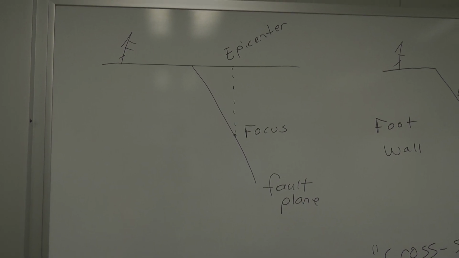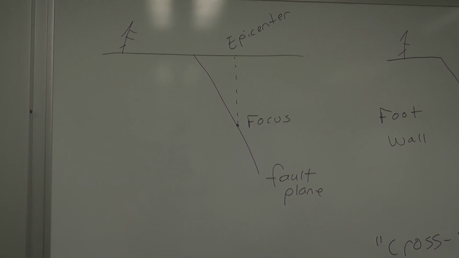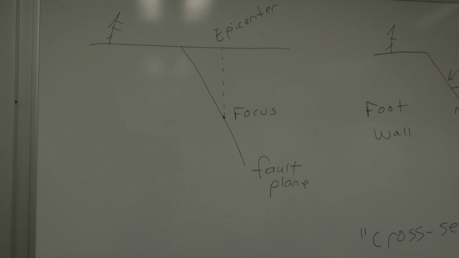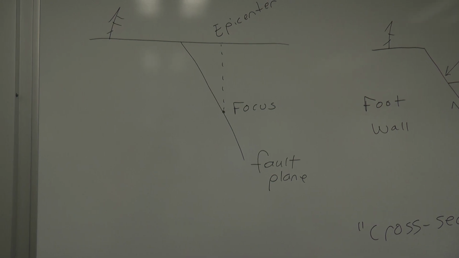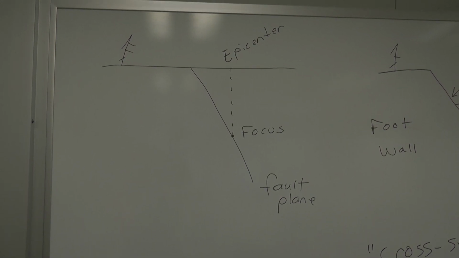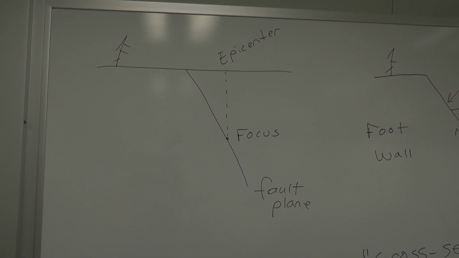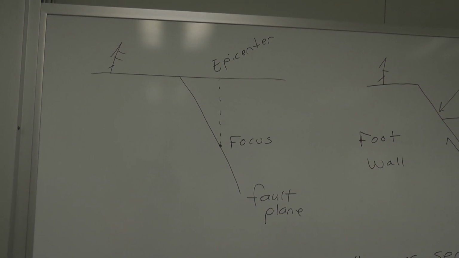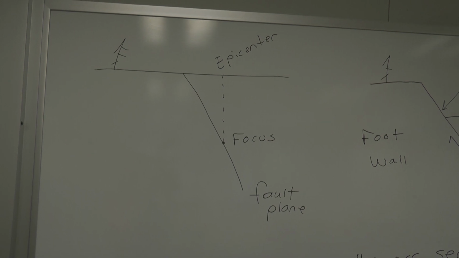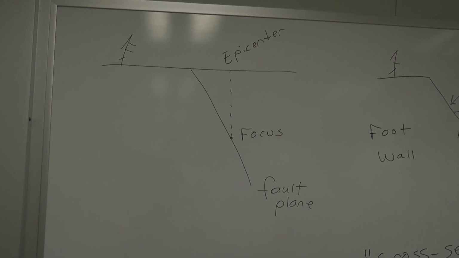And then you see a dot there that says focus. The focus is the location beneath the surface along the fault plane where the earthquake actually happens. And then of course directly above that, on the surface directly above the focus is the epicenter. Everybody's heard that term epicenter before. You maybe haven't heard the term focus before.